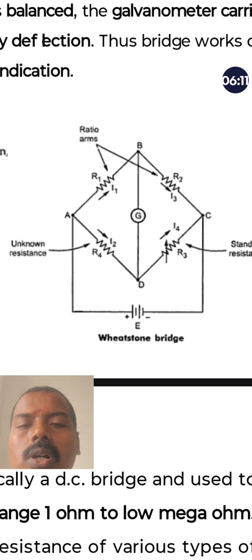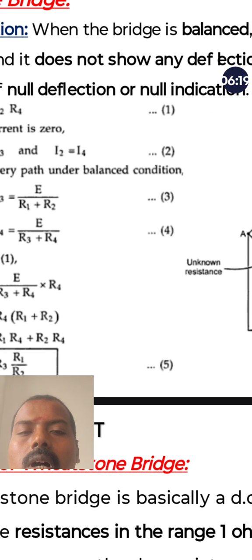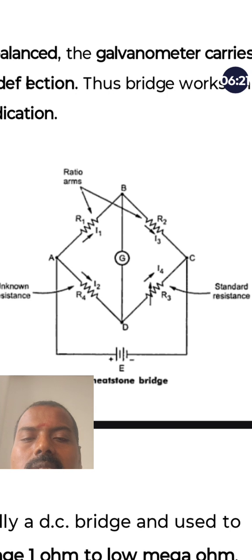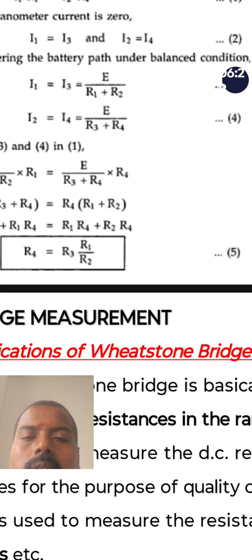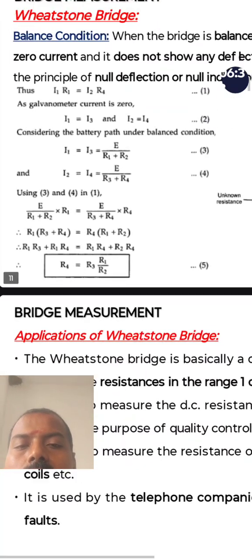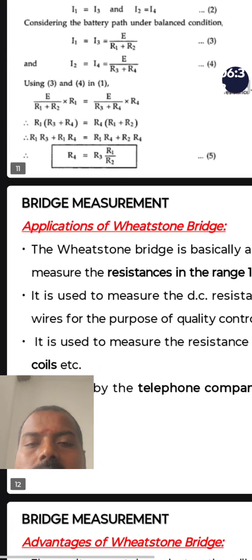If we know the R3 value, we can substitute in the equation and easily find the R4 value. So R3 is the changeable one, R4 is the unknown resistance. With the help of R3, R1 and R2 values, we can easily find out the unknown resistance value. So this is the Wheatstone bridge measurement of resistance.